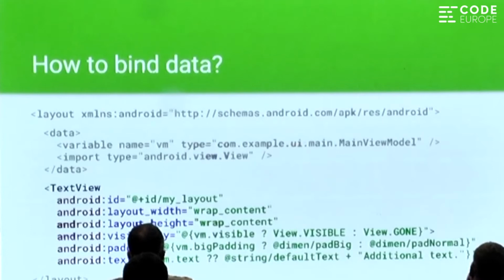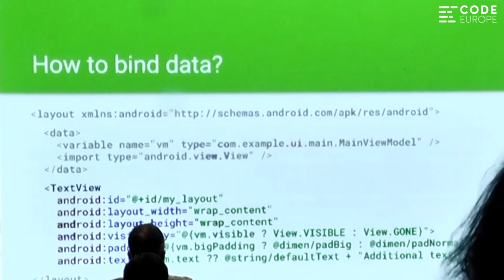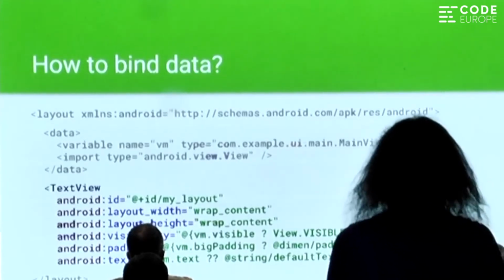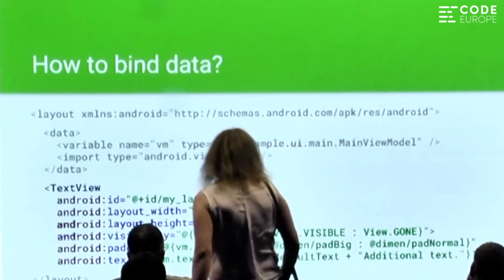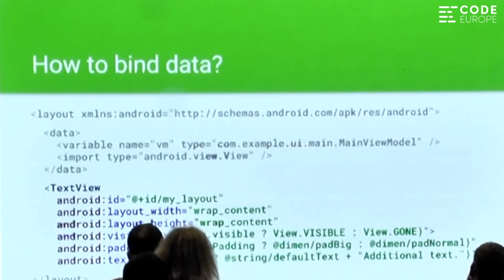With the visibility attribute, you also see that there's a ternary if-then-else operator. And with the text attribute, you see there is a null coalescing operator. This means you can provide a default value if the value you actually want to bind is null. So what happens here with the text attribute, if vm.text is null, it automatically provides the value on the right of the null coalescing operator.